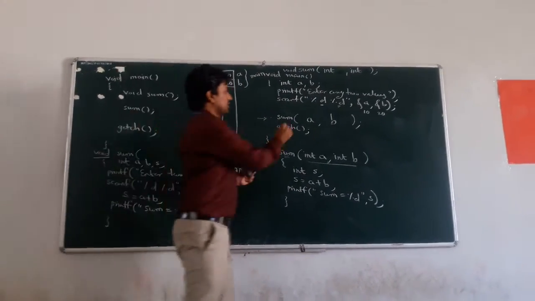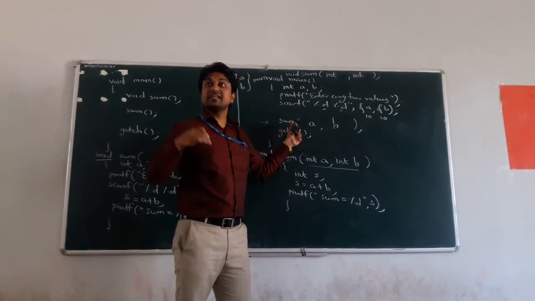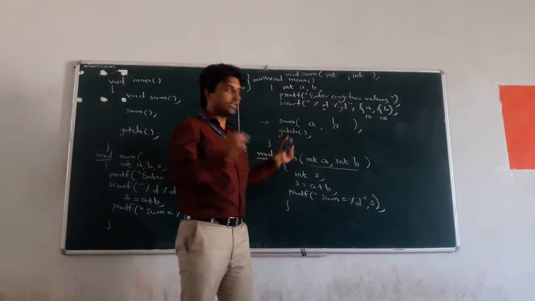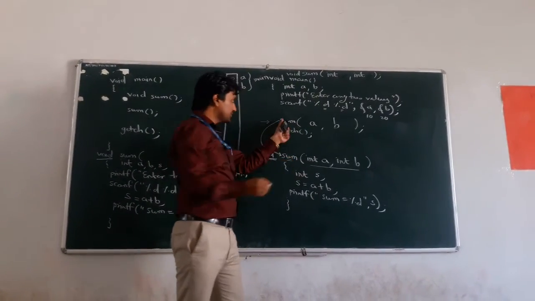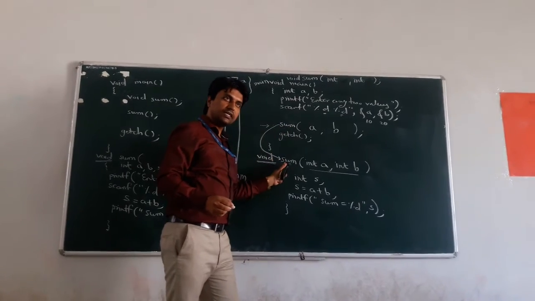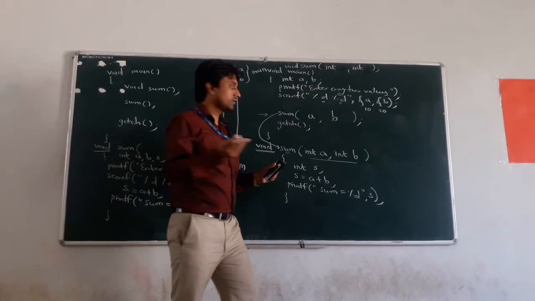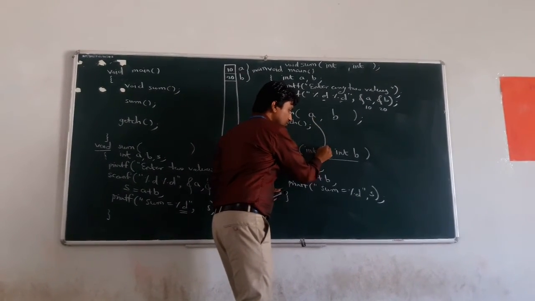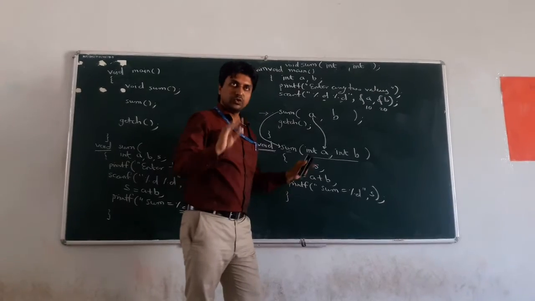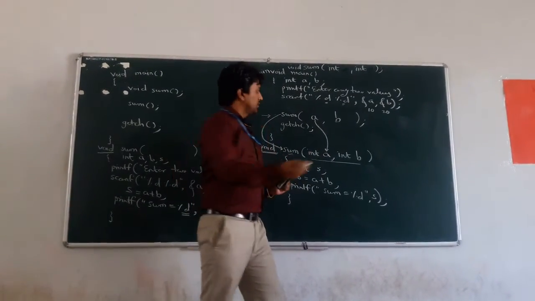Next, function call. When this line is executed at runtime, the cursor jumps from this line to the definition of the function. So it takes the value of a, and that value of a is copied to the variable a in sum. You can write x and y here also.